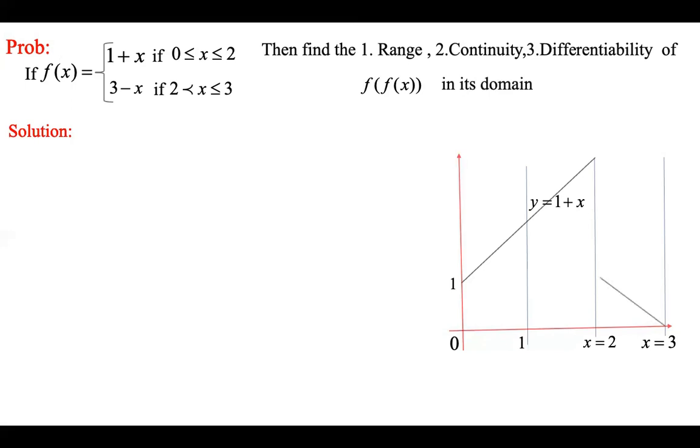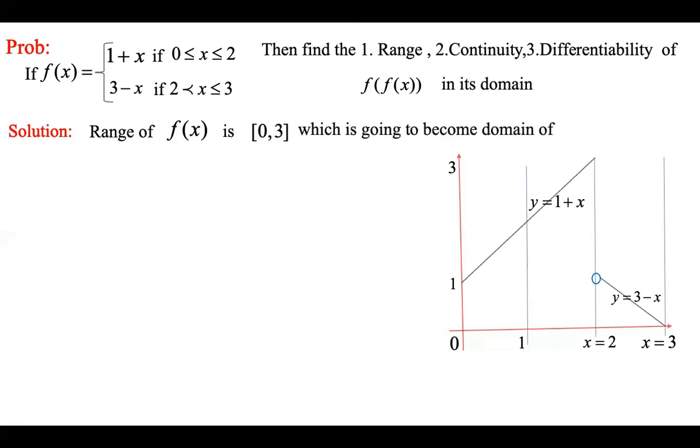When x is from 2 to 3, at 2 it is open, so it is 3 minus x. The range of f of x will be, when you observe on the y-axis, the least value of the function is 0 and the greatest value is 3. Therefore, the range of the function is 0 to 3.